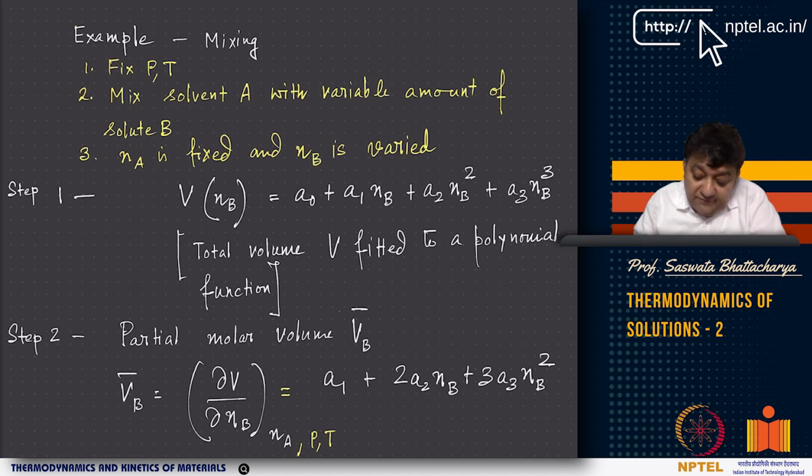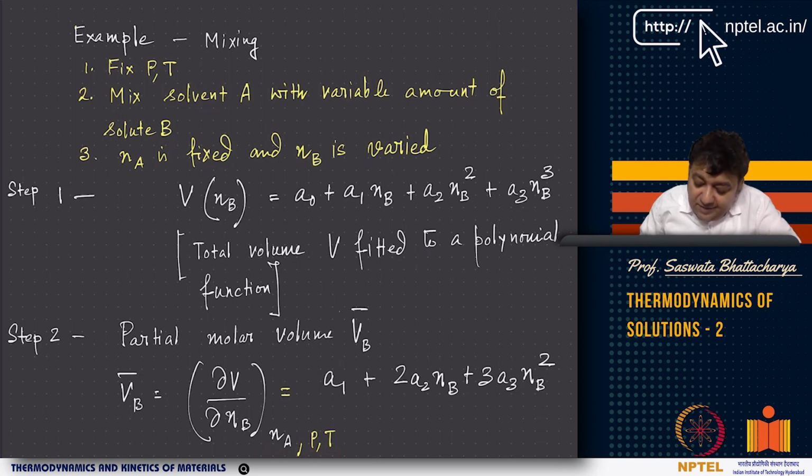So you have V in terms of NB equal to A0 plus A1 NB plus A2 NB squared plus A3 NB cubed. So the total volume V is fitted to a polynomial function. Now you have step 2, that is the partial molar volume VB bar, which is basically del V del NB keeping NA, P and T constant.